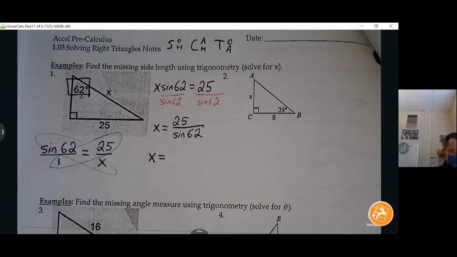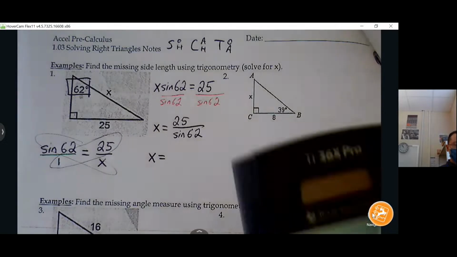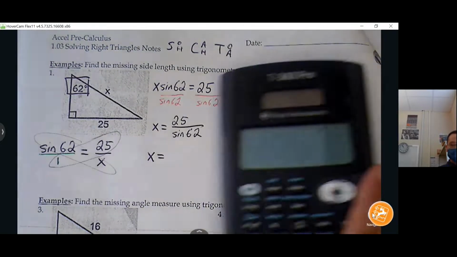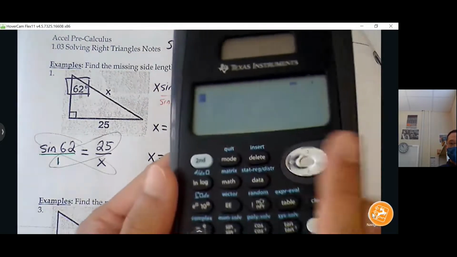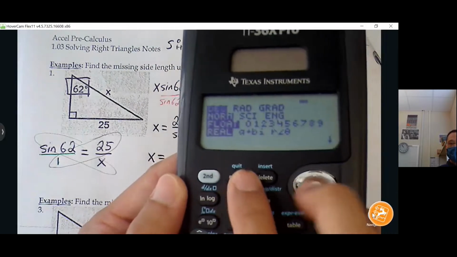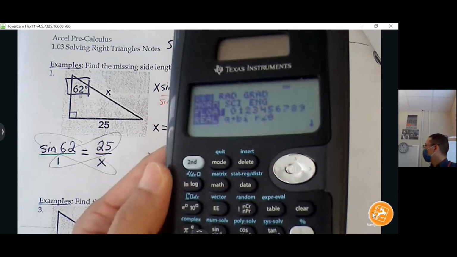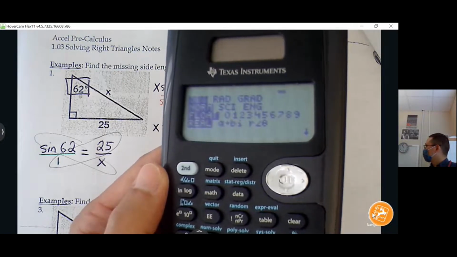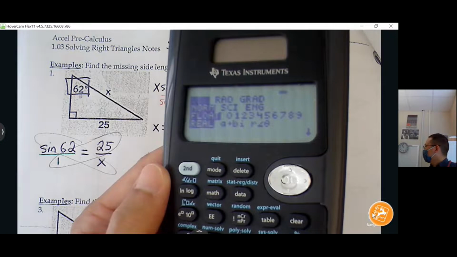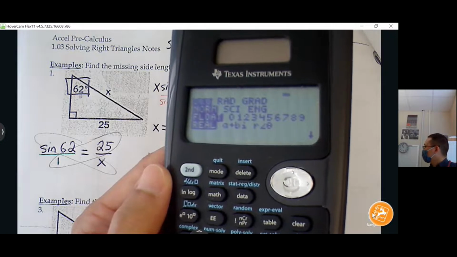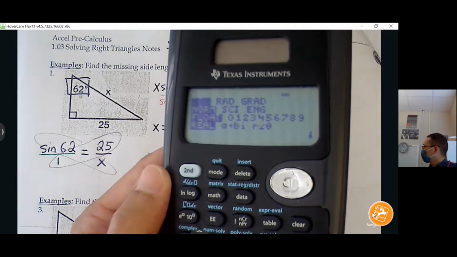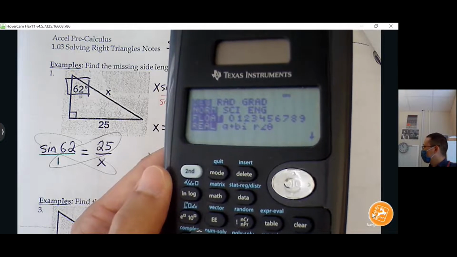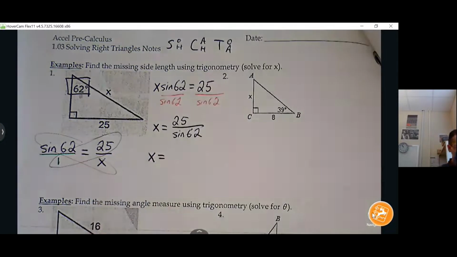So insert into your calculator. Whether you're using a graphing or scientific calculator, you do want to make sure that you're in degree mode, and that you're not in radian mode. So if you click on the mode button, just make sure that the degree feature is highlighted. If not, you can just scroll over and hit enter.